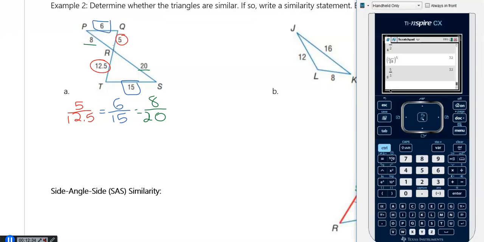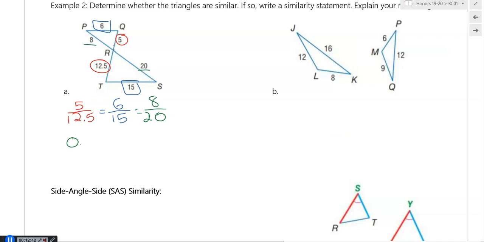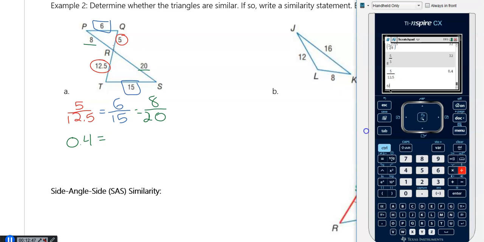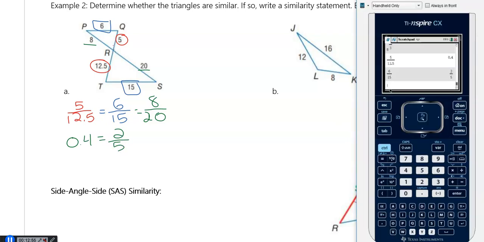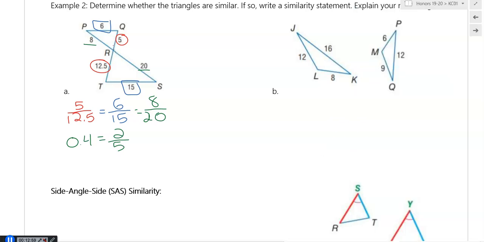When I use this calculator, 5 divided by 12.5 is 0.4. 6 divided by 15 is 2/5. And 8 divided by 20 is also 2/5.